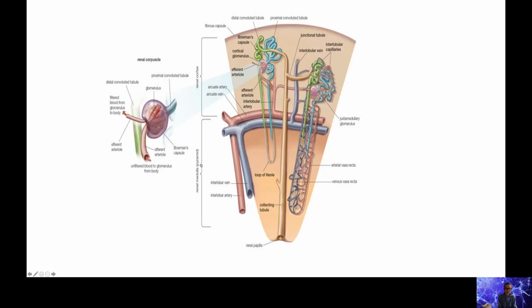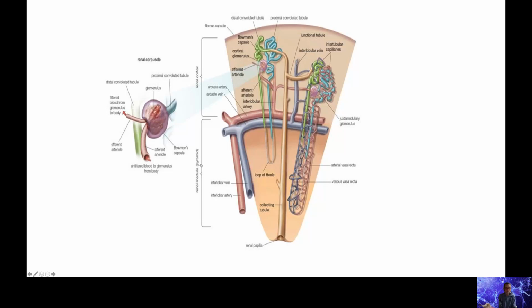The image on the left, that little side picture, is of the glomerulus surrounded by the Bowman's capsule, so that is going to be the renal corpuscle. That is the location of glomerular filtration. You could probably have figured that out on your own, because you have a glomerulus and one of the steps is glomerular filtration.